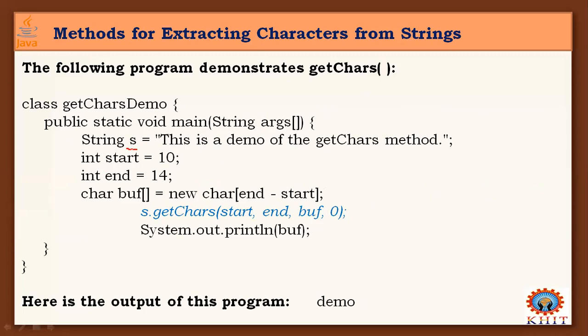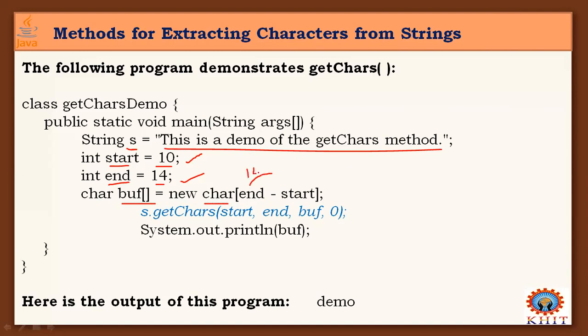For this object s, I have given the starting index variable 10 and the end index 14. So wherever this string contains indexes, from index 10 and 11 onward it is extracted, using this method call. I have an array called buf, whose size is end minus start.